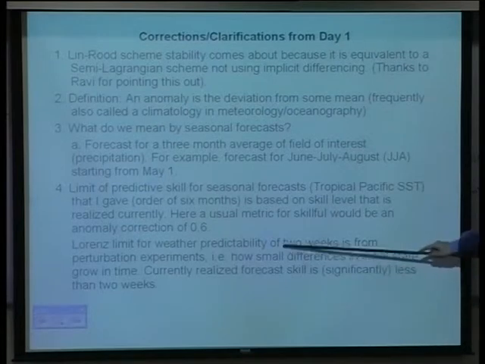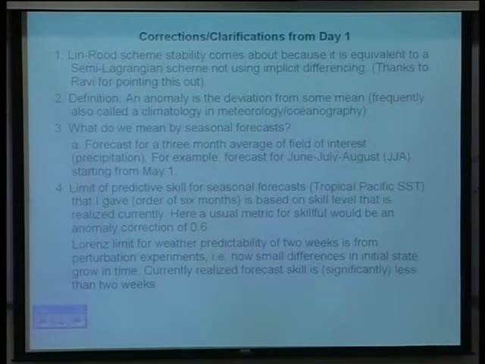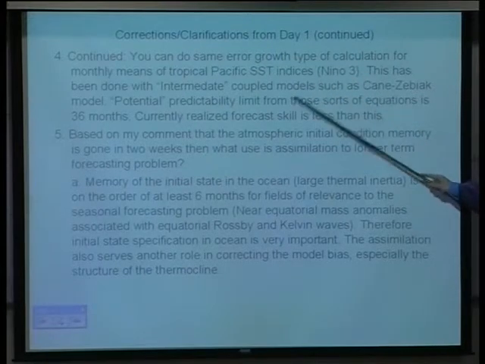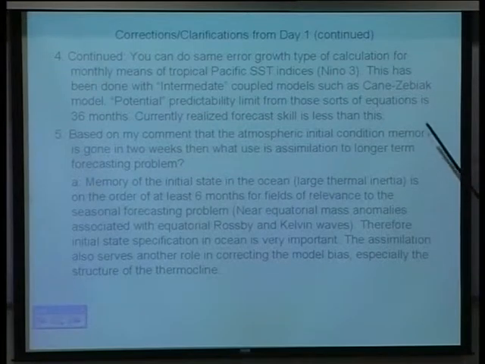Some people have actually done this same sort of Lorenz calculation with the Cane-Zebiak model, which is what would be called an intermediate coupled model, and look at, for instance, an index. Lorenz actually did this with the ECMWF model for the Northern Hemisphere, 500 millibar geopotential heights, if I remember correctly.